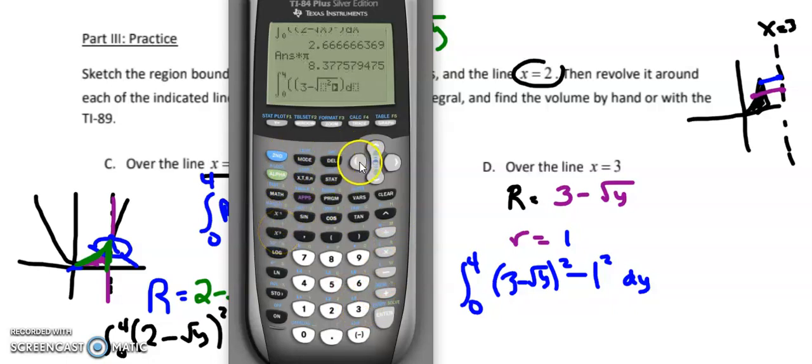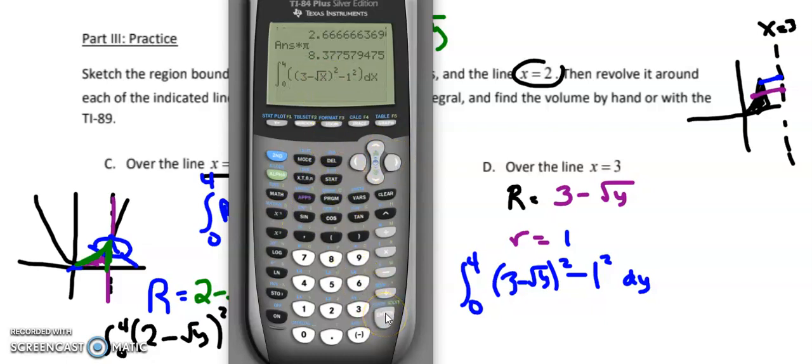Sorry about that, it doesn't want to get rid of my square there. Okay, 3 minus the square root of x, close parentheses, and square it, and then subtract out 1 squared, which is just 1, but I'll put the 1 squared in there just for fun. Apparently I should not have done that because my calculator does not like what I did. Okay, minus 1 squared. Okay, and then we're integrating with respect to the variable that we input here, which is x.